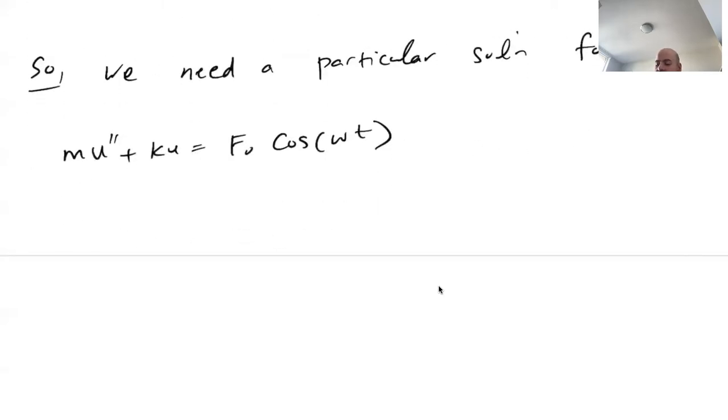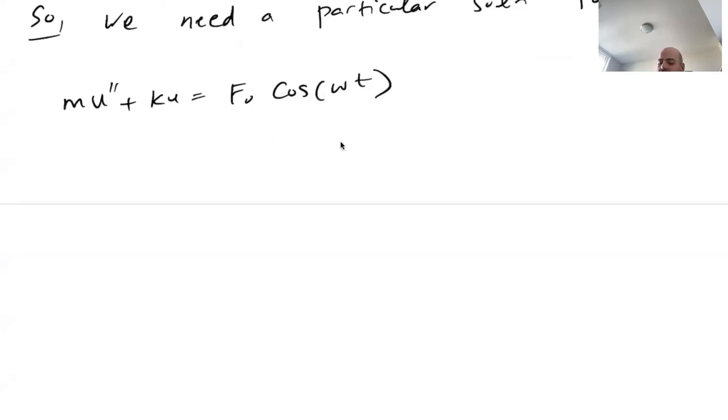So now our guess function depends on whether this omega that appears in the right-hand side is equal to omega naught, the natural frequency, or it's different than the natural frequency. So we will consider two cases here. We are right now in scenario 3. Here, there are two possibilities.